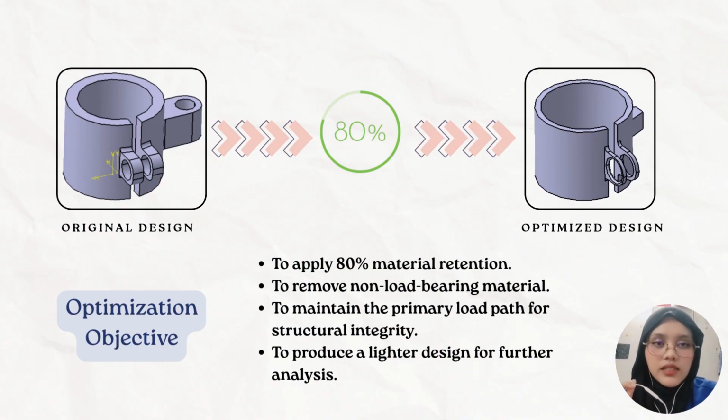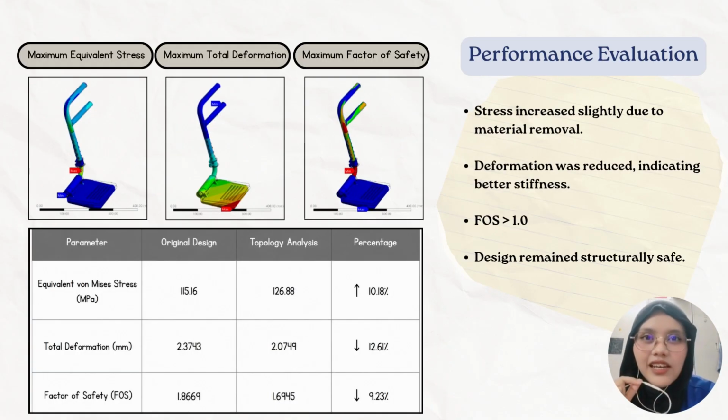As a result, the optimized design achieved a reduction in weight while preserving its structural integrity, making it more suitable for final implementation. Finally, we evaluated the performance of the assembly after applying the topology optimized design using design improvement 3 as the baseline.